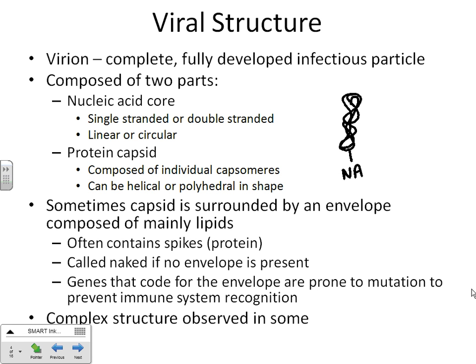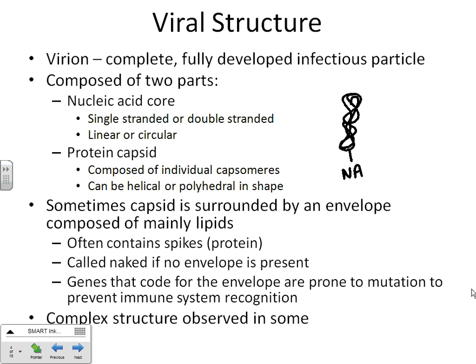How's our DNA always found? Double-stranded, right? They don't always have double-stranded. They can have single-stranded or double-stranded. They can have RNA. Their RNA can be a single strand of RNA or a double strand of RNA. Our RNA is always single-stranded. Okay, so that's one difference between us.